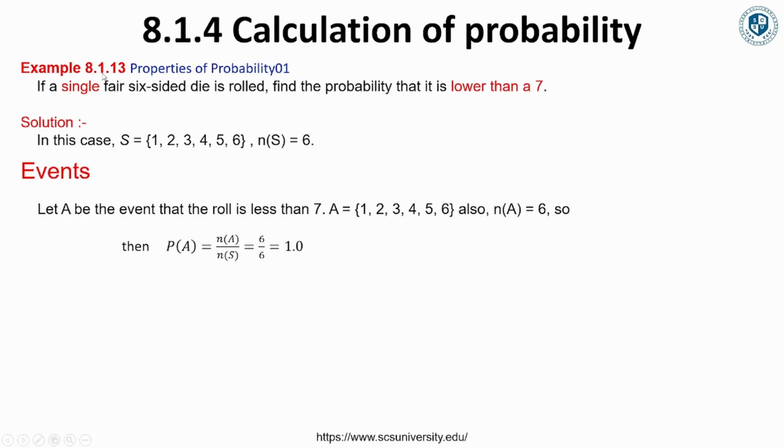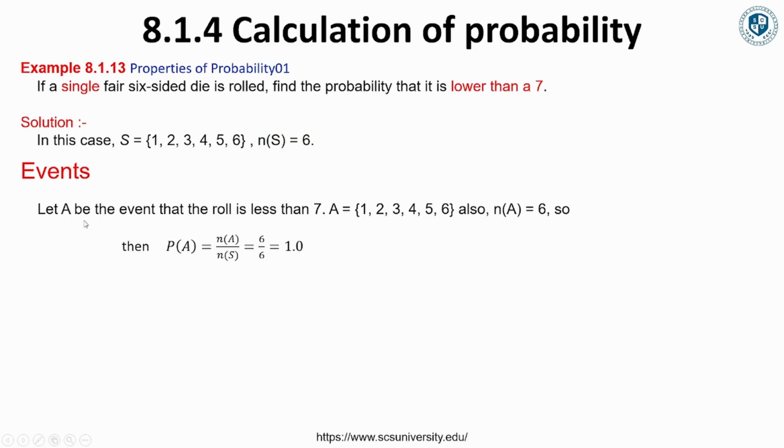Example 8.1.13 properties of probability 01. If a single fair six-sided die is rolled, find the probability that it is lower than a 7. Solution: in this case, the sample space S is the set of 1, 2, 3, 4, 5, 6, and the number of elements of S is 6.